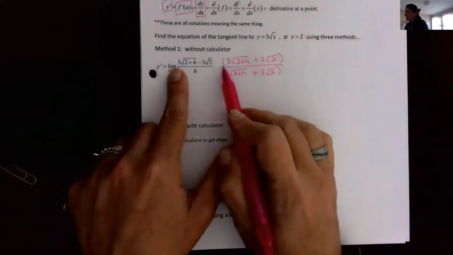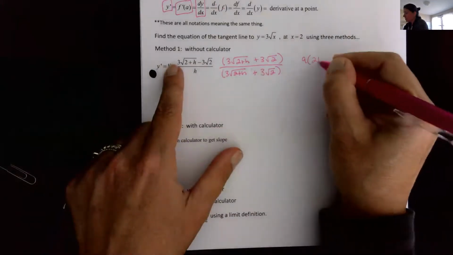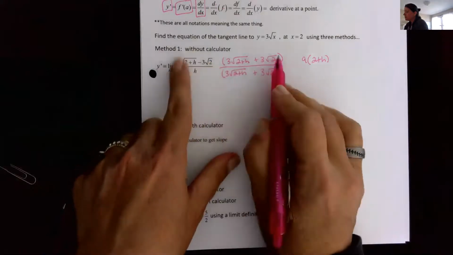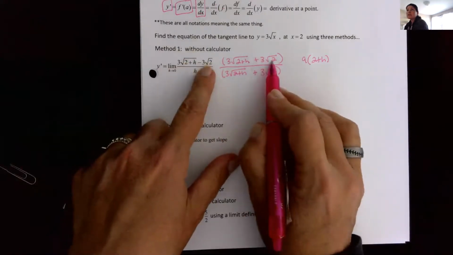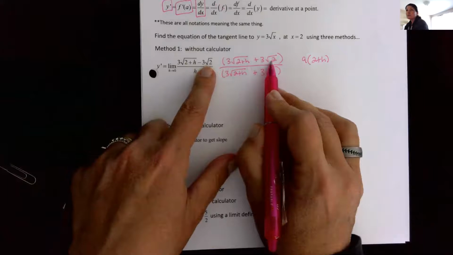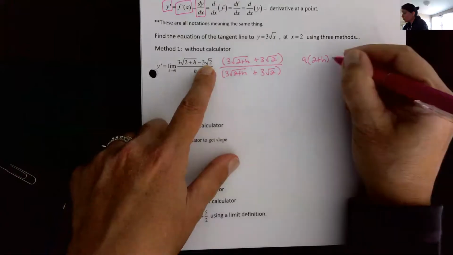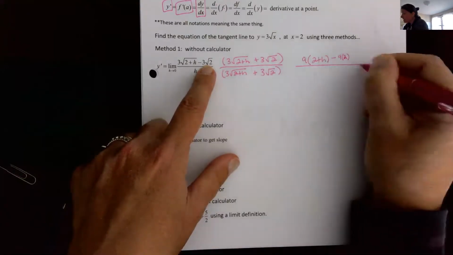When you multiply the top out, it'd be 9 times 2 plus h. Remember, this negative will cancel with this positive, leaving us with these two being multiplied. Negative 3 root 2 times positive 3 root 2 is negative 9 times 2, which is 18, minus 18.